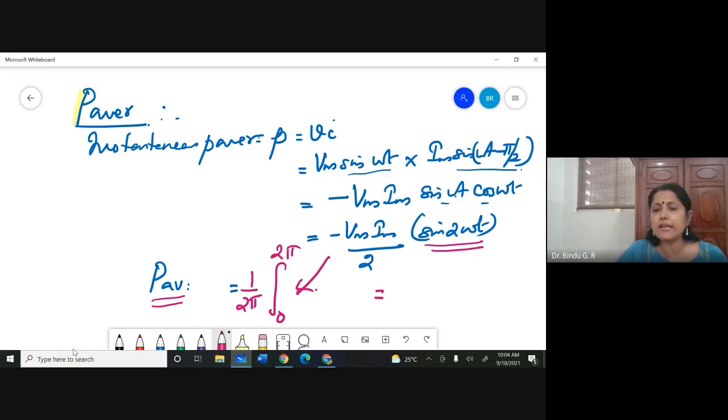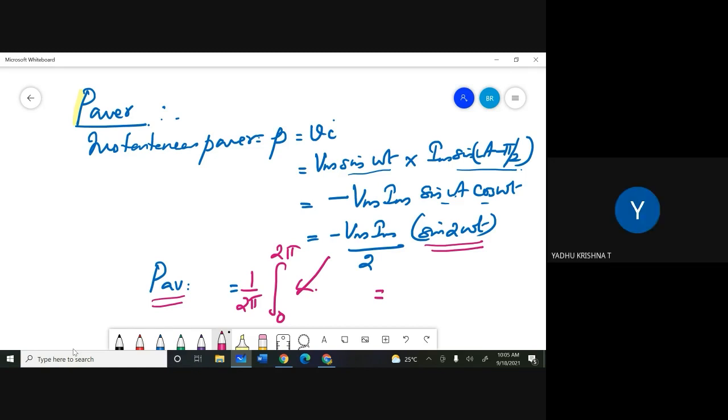Sin 2 omega t is also a sine wave, and if you take the average over a full cycle, what will be that value? Someone please respond. 0.